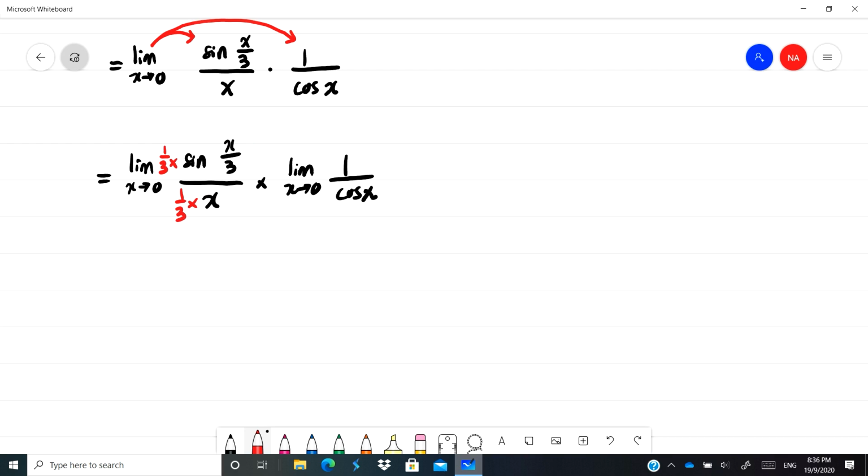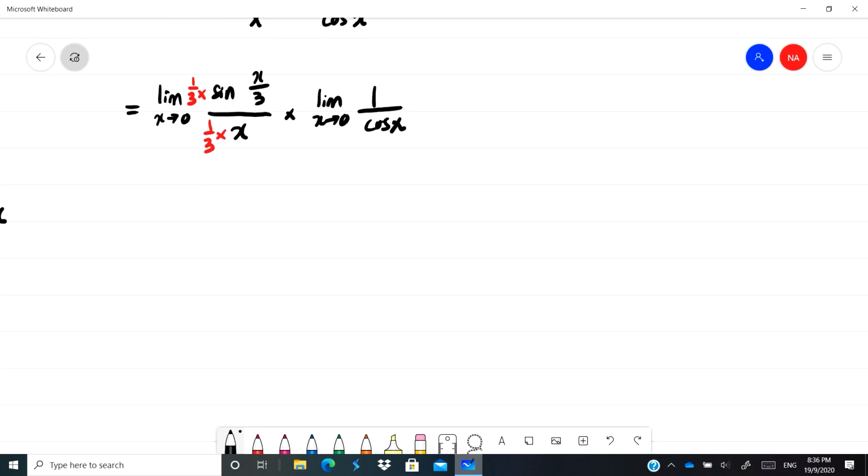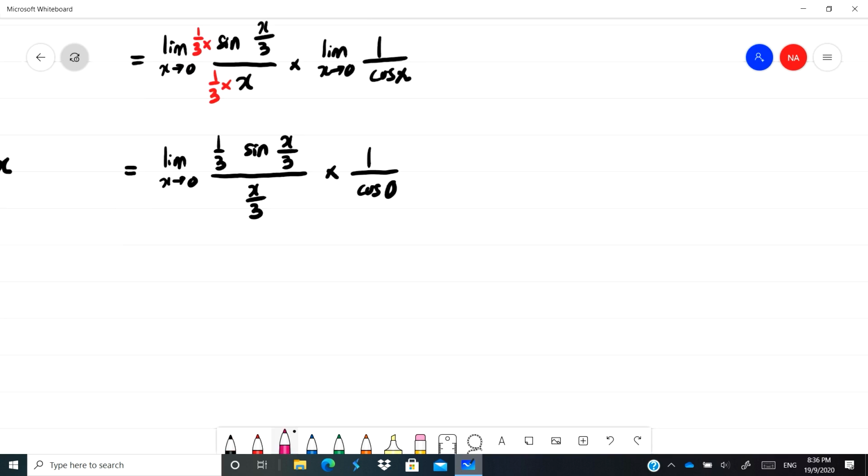Now you will have, let me read it first, the limit as x approaching 0 of 1 over 3 of sine of x over 3 over x over 3, multiplied by 1 over cos 0. You substitute the value of 0. Now you can take this 1 over 3 out.